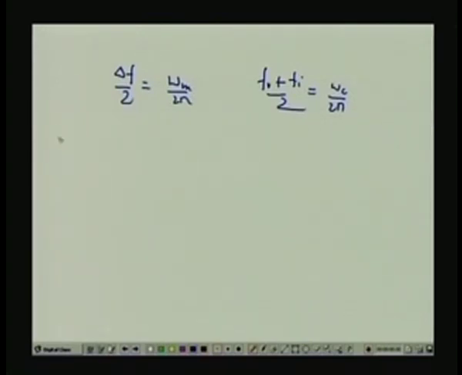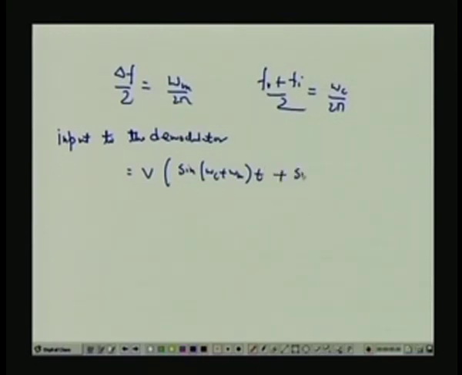If it is there, quite obviously I can write here the input to the demodulator is equal to V sin omega c plus omega m t plus sin omega c minus omega m into t.